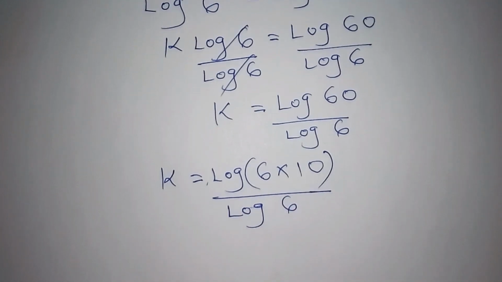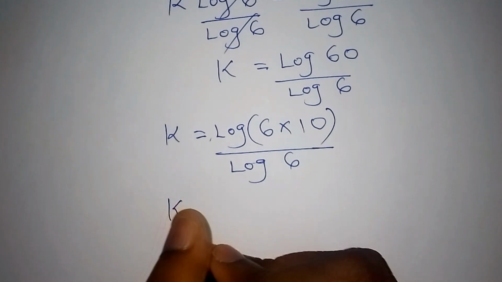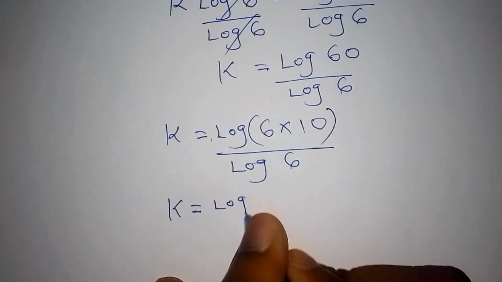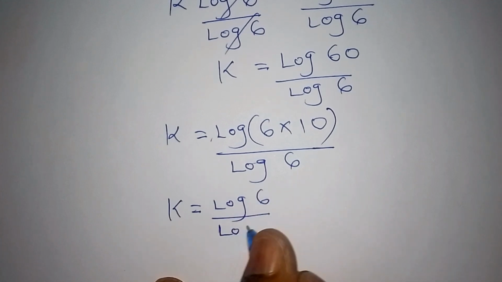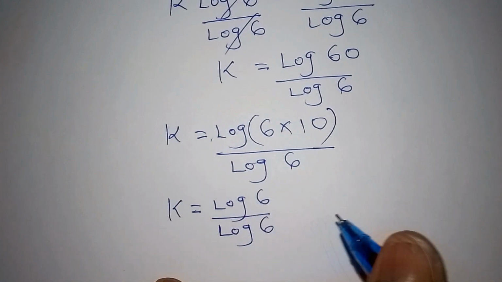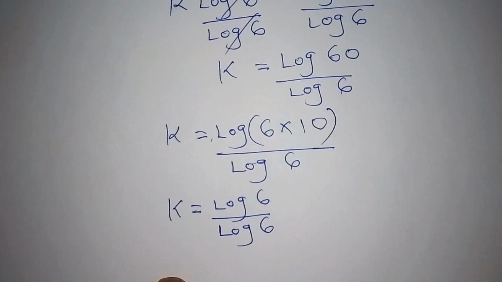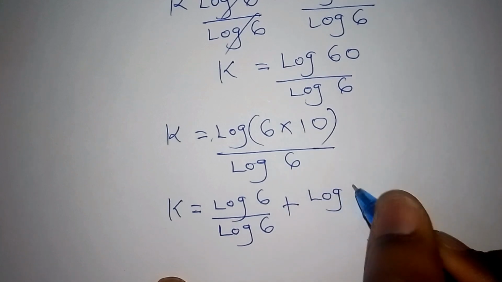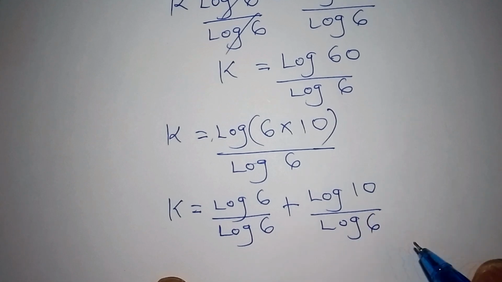When we proceed, k is equal to the log of 6 divided by the log of 6, then our sign shall change according to the law of indices. The multiplication sign shall change to addition, so plus the log of 10 all over the log of 6.